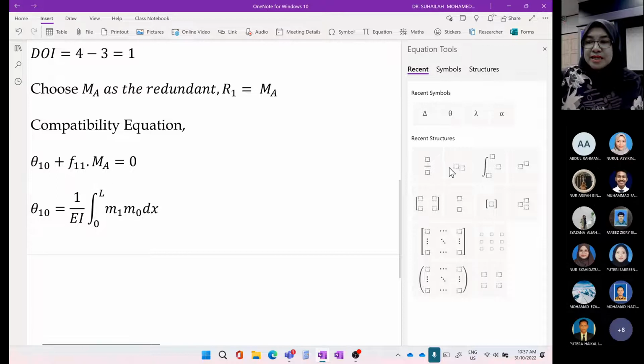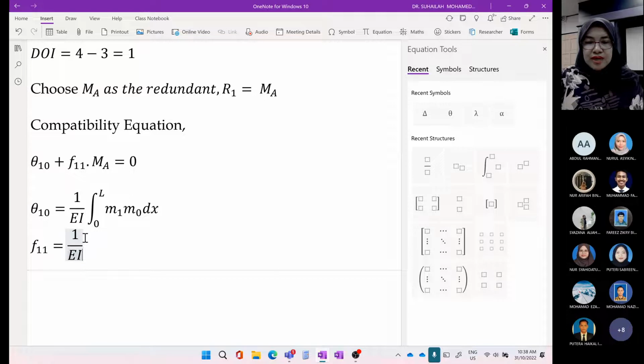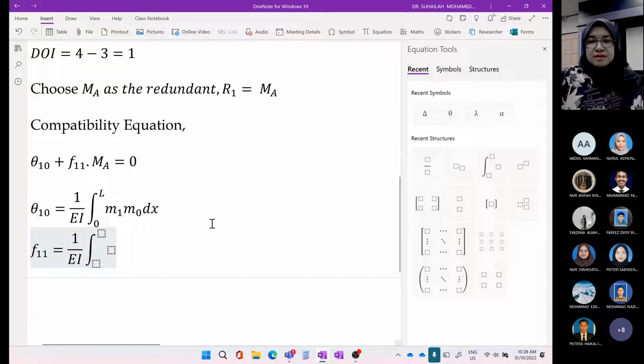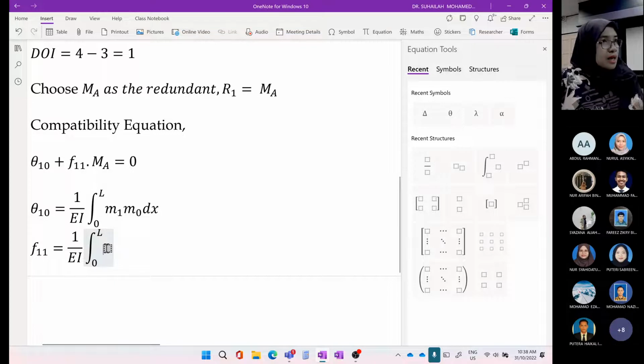Another displacement is F11, and this is equal to 1 over EI, integral of M1 square.